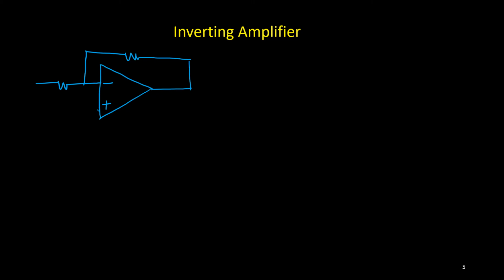I want an inverting amplifier, so the output should be inverted, meaning a 180-degree phase shift. So if you apply a positive voltage, you expect to get a negative voltage at the output end. That is the meaning of inverting, inverting the sign.